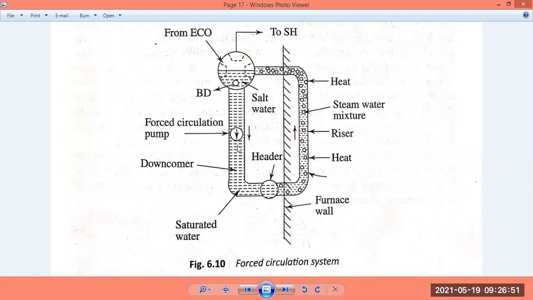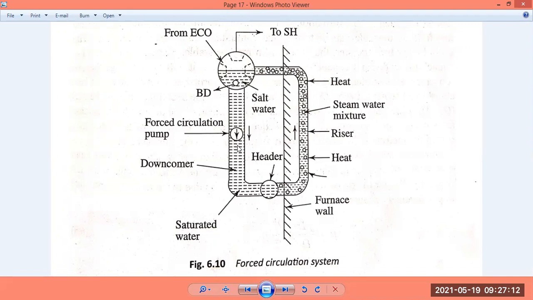So although the pressure difference is less, the cooler portion placed inside the furnace is known as the downcomer itself, and the hotter portion placed into the hotter area of the furnace is called the riser itself.